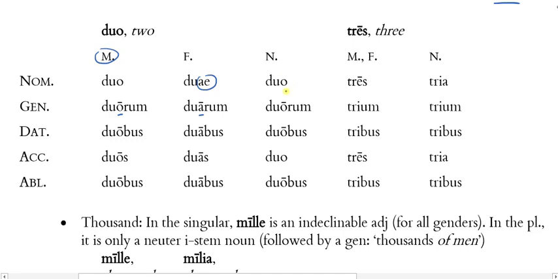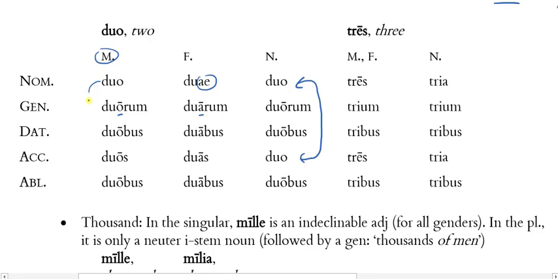All right, let's look at the neuter forms. Duo, duorum, duobus, duo, duobus. Again, the forms for masculine and neuter here happen to be identical to each other versus duae. But I also want to point out that in the neuter, we have this very standard principle for neuter nouns, which is that the nominative and the accusative are always the same as each other, and that is the case here.